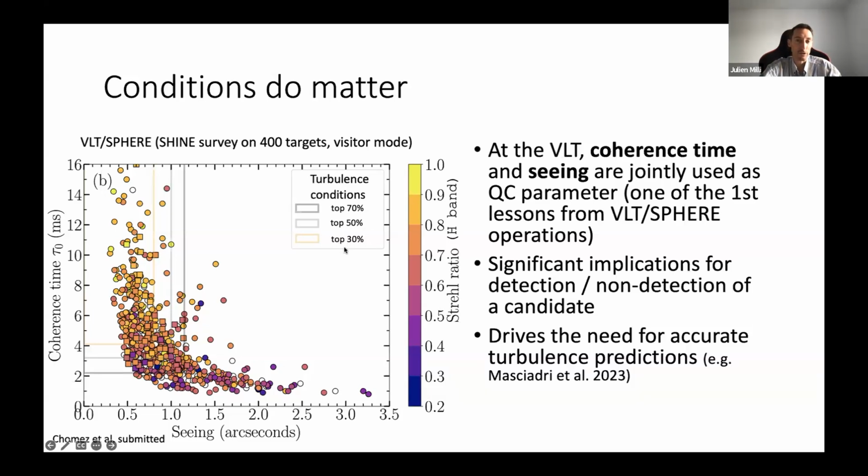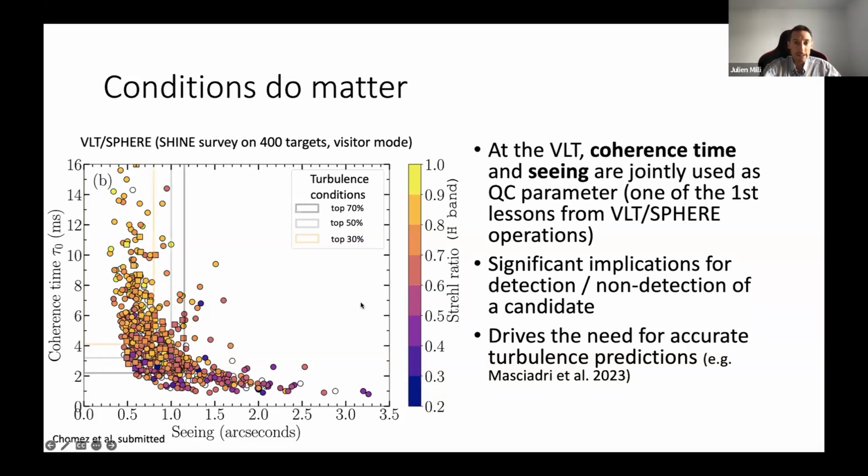For instance, you can request the top 30% atmospheric conditions, top 50%, or top 70% if your observations are not too challenging. So that also drives the need for accurate turbulence predictions, and this is an area which is really developing now, with seeing and coherence time prediction for various observatories.